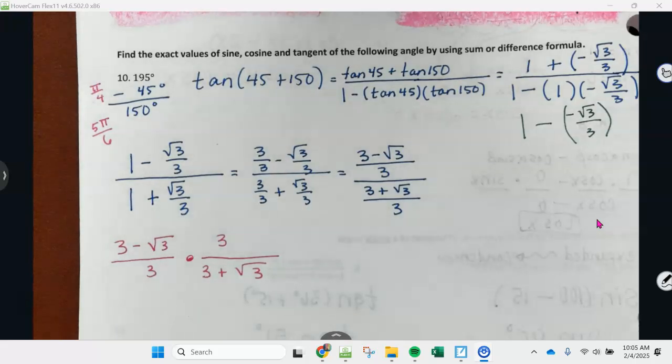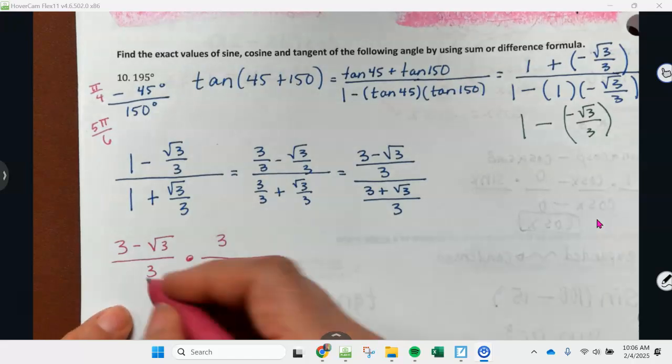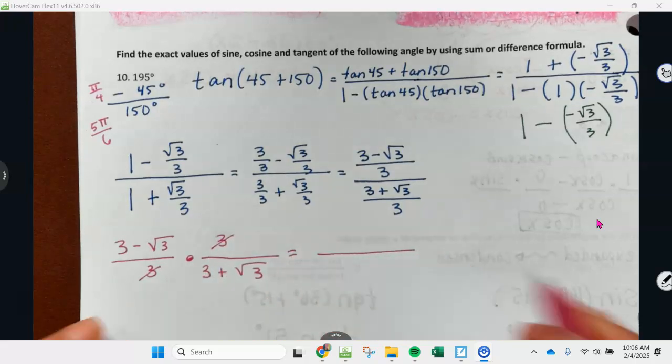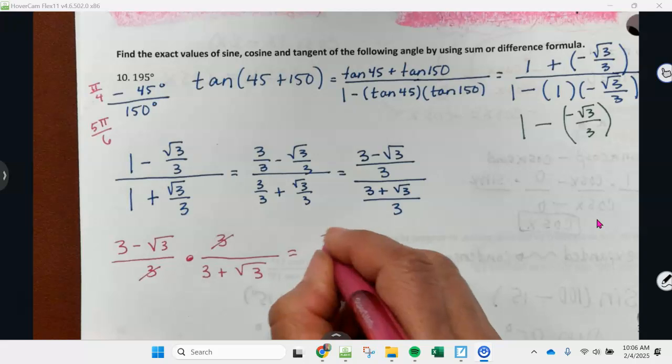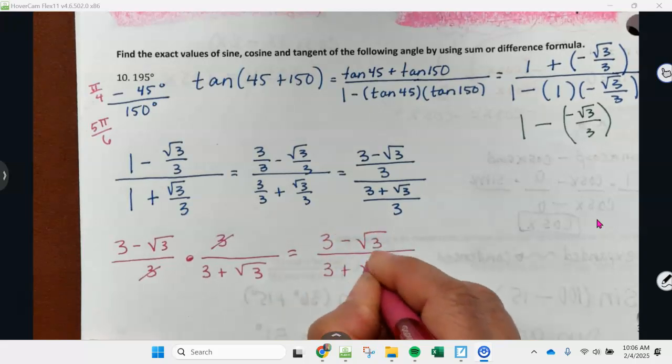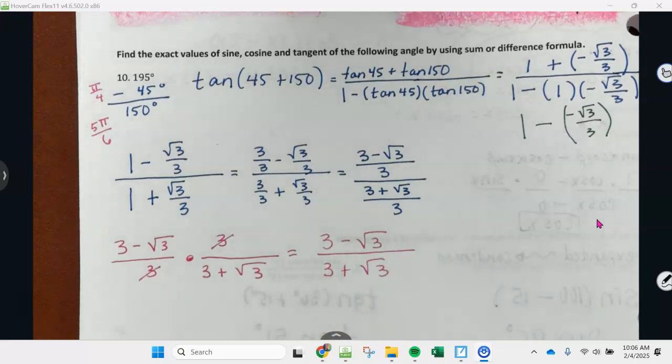Not too much happens, but the 3's cancel out, so that's good. So this cancels, so does that. So this is going to turn into 3 minus root 3 over 3 plus root 3. That is the simplified ugly answer.